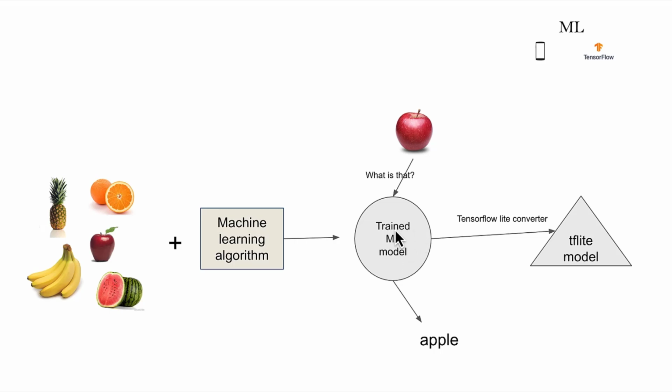Now this trained model can be used in desktop and web applications, but it cannot be used in mobile applications because the processing power of mobile devices is quite limited. So there we cannot perform all the operations which we can perform in desktop or web applications. So in order to use this trained model inside our mobile application, we use this TensorFlow Lite library. With the help of this library, we convert our model into a TFLite format, and now we can use this TFLite model inside our mobile application.